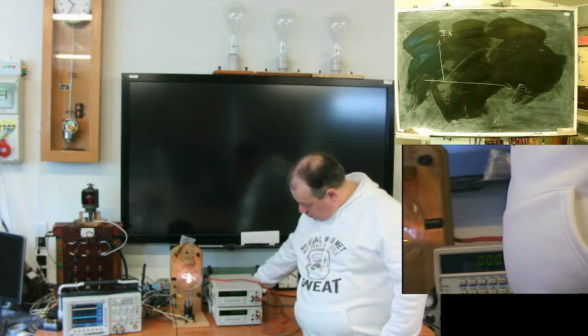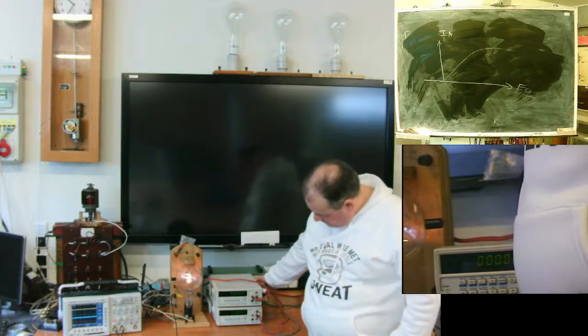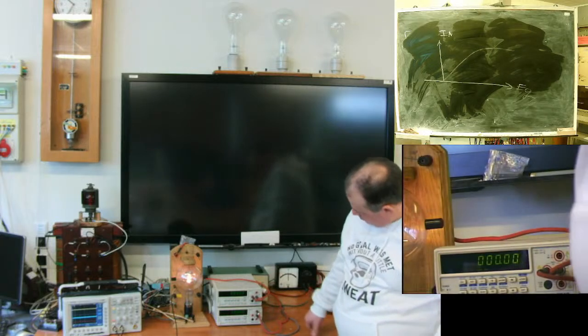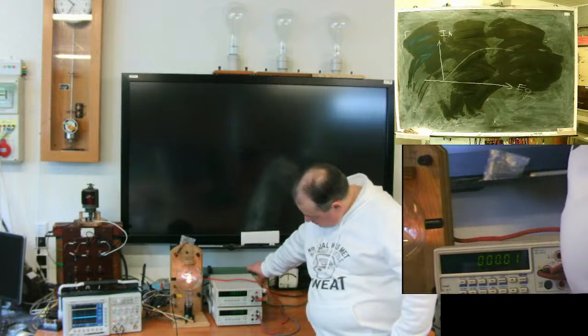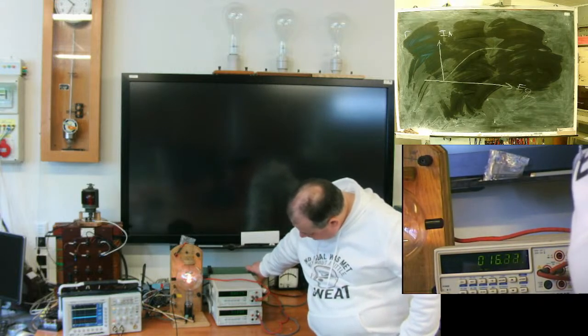Negative voltage, no current. At 0, let me catch, where's the current? Minus 10, no current. Minus 7, no current.